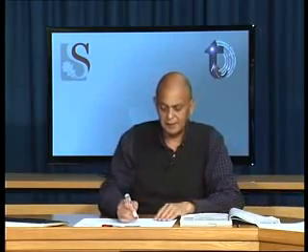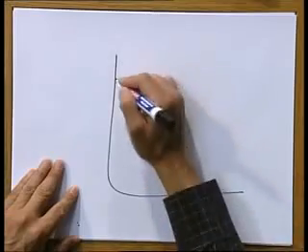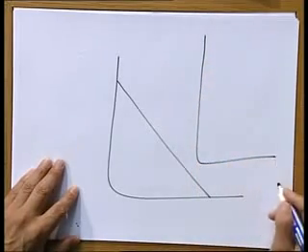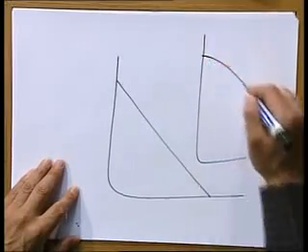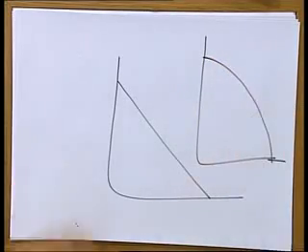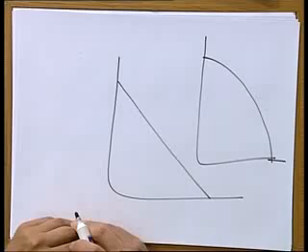Okay, so to summarize, we have looked at 2 types of opportunity cost. We have looked at opportunity cost that is constant, that is reflected by a straight line PPF curve, and then we had a PPF curve that is bowed outwards or concave downwards, which indicates increasing opportunity cost.